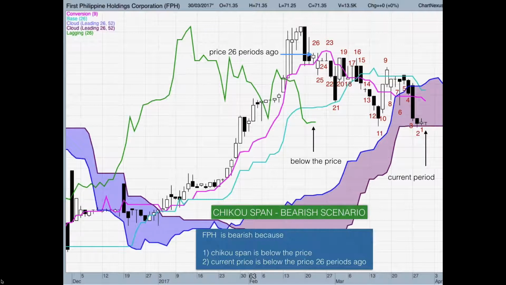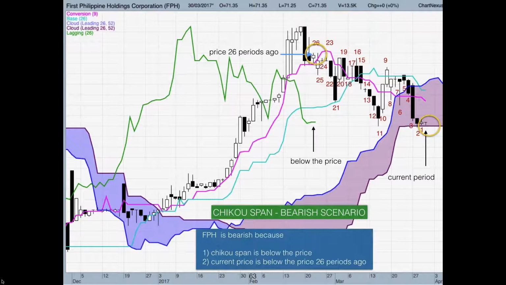So is it above or below the price? The Chikou span is below the price. This is the price right now. 26 periods ago, the price was above that current price. So the Chikou span is below the price.